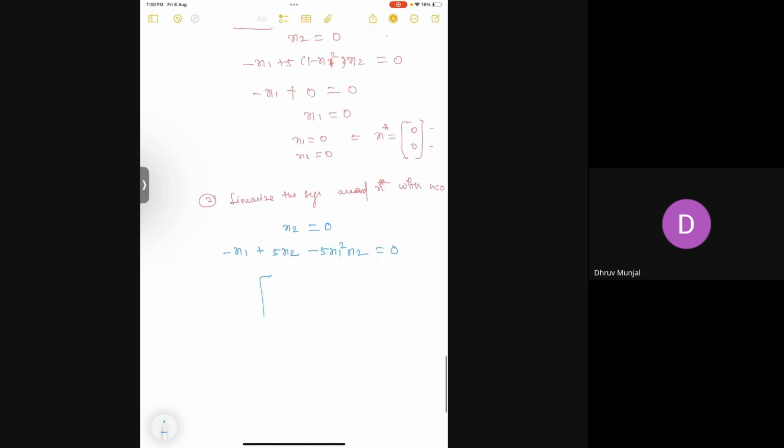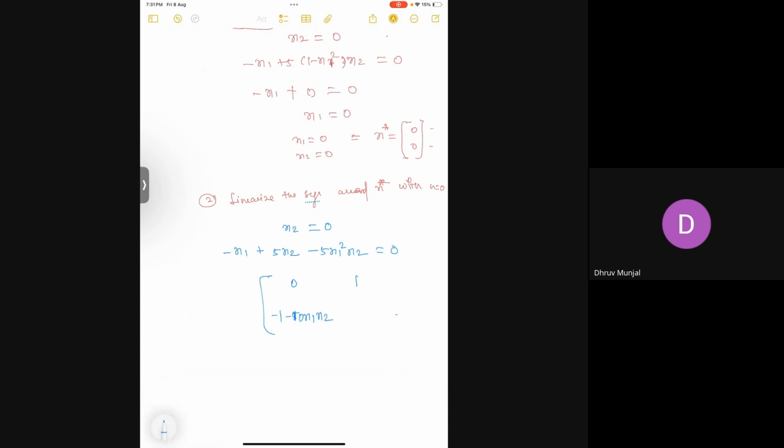Now if we linearize, 0, 1, x1 will be minus 1 minus 10 x1 x2, x2 will be 5 minus 10 x1 x2. Sorry, 5 x1 square only, right?